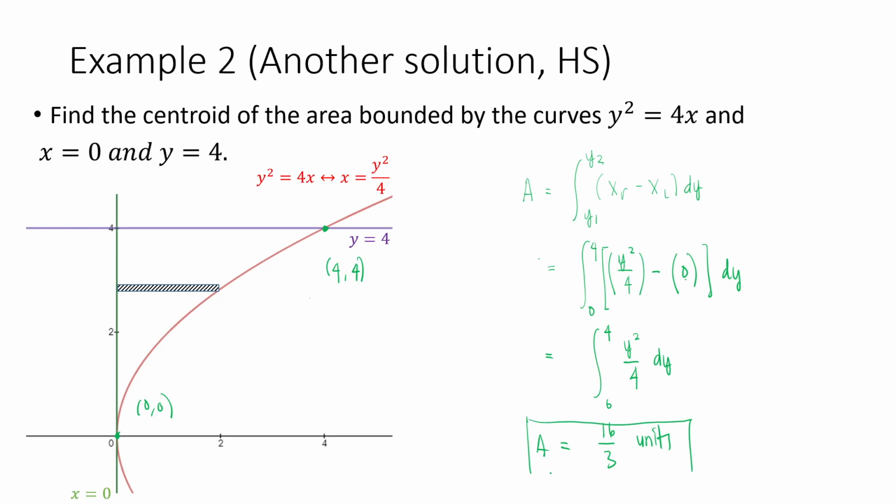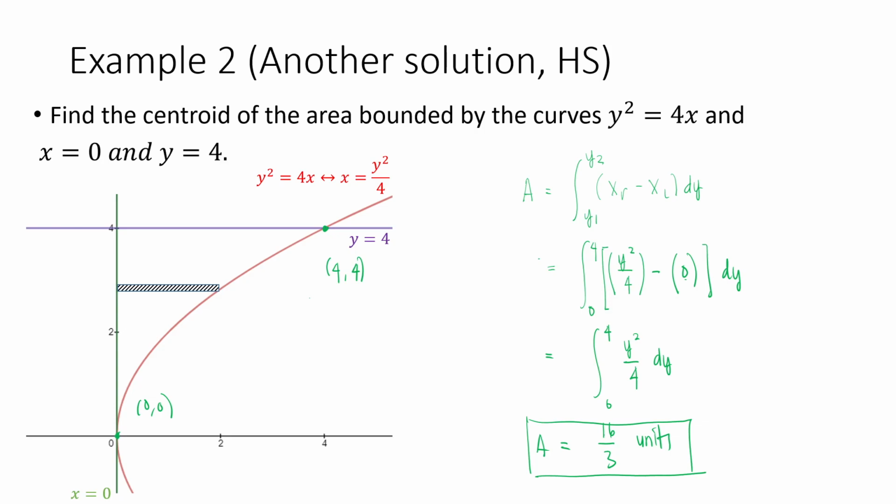So again, this is where the advantage of using the other strip comes in. As I told you in the previous discussion, it may be advantageous for you to use the vertical strip because it gives you a simple expression of the equations, or the horizontal strip may give you a simpler expression compared with the vertical strip. So you have to be observant with a given equation. Try to express it in y in terms of x, or in terms of y, whichever is easier.